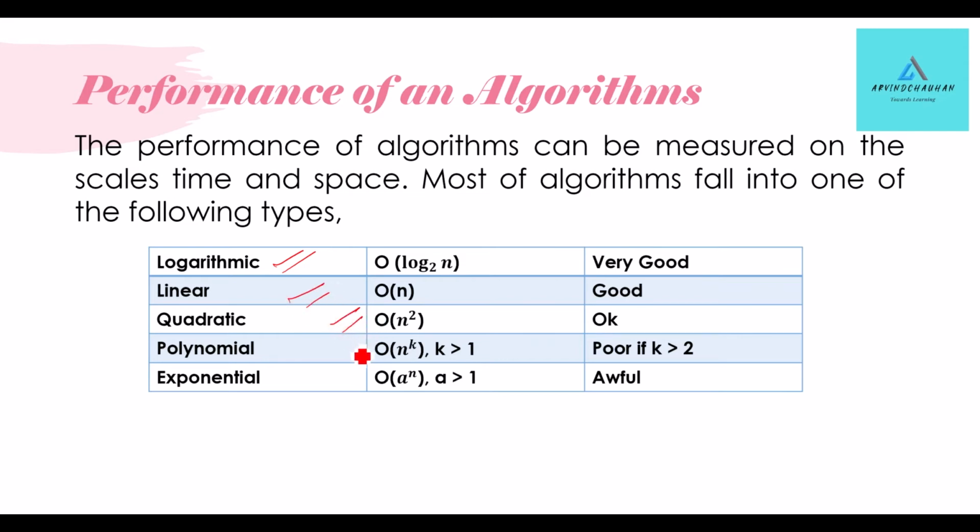Next is order of n square, that is quadratic. Next is polynomial, order of n to the power k, where k is greater than 1. If k is greater than 2, that can be poor. Basically we are trying to get the algorithm complexity as low as possible. The last one is exponential, that is awful, so we are not considering this kind of exponential complexity. We will mostly try for logarithmic, linear and quadratic.